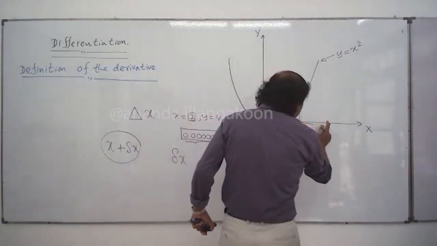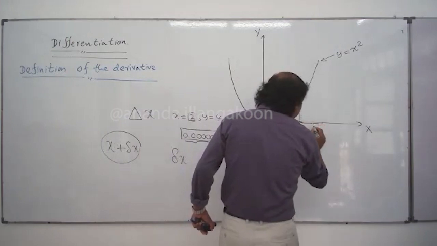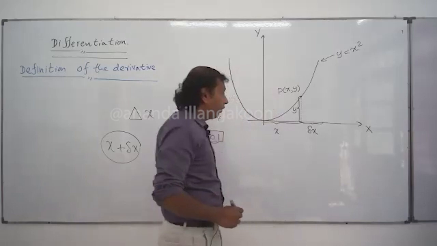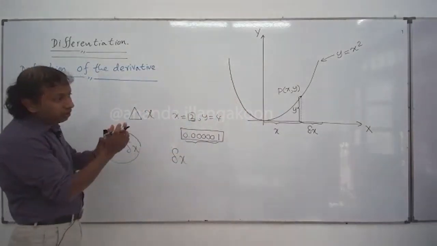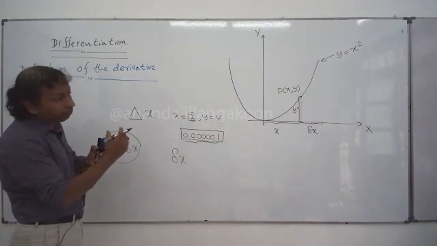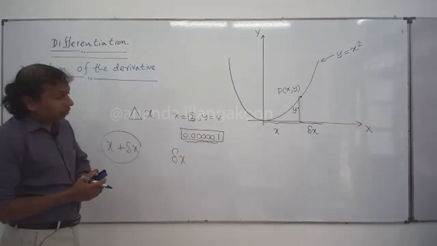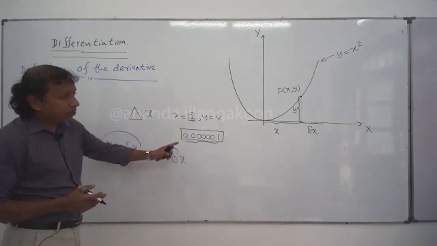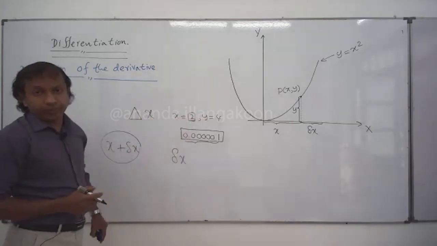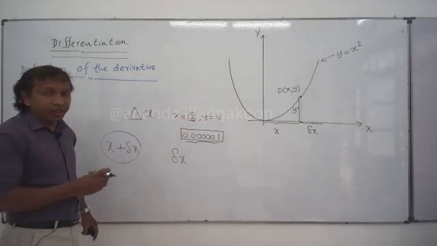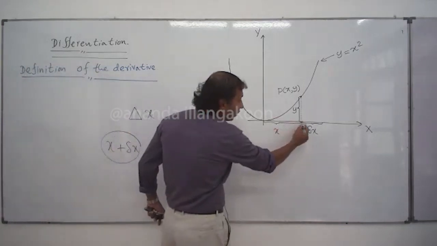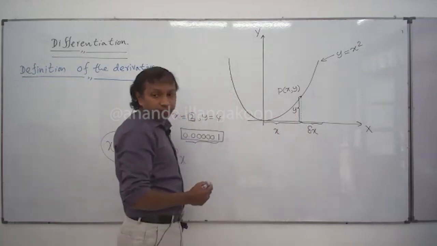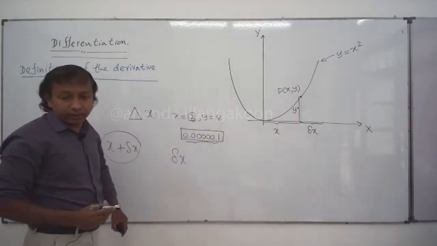Delta x is very small, but in order to get a clear picture here, I have expanded this small value this much. Otherwise, when I try to mark it, it is so close to this value that you can't see it. So I take that delta x like this.